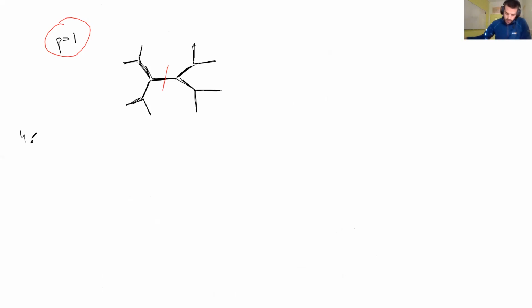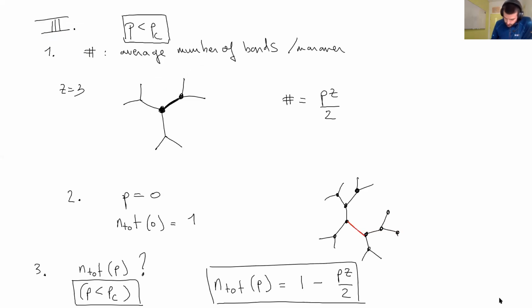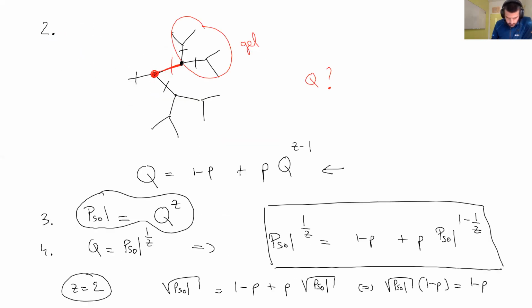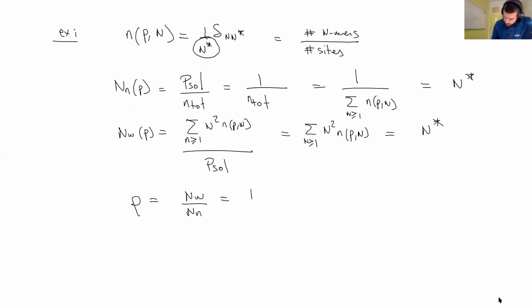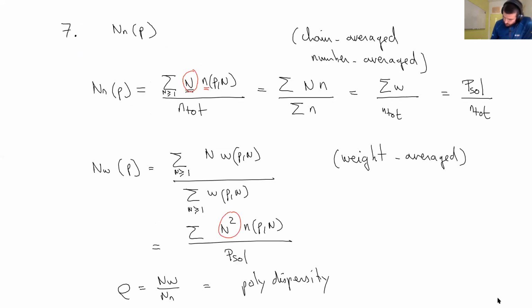We would like to calculate the number average polymerization index, N_N, again for P smaller than PC. So remember, we had an expression for that, I think, somewhere. No, this was an example. Here, N_N is provided by P sol over N tot.